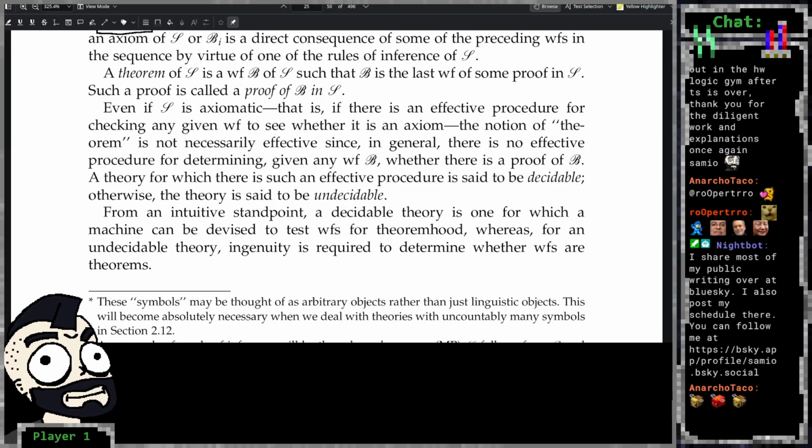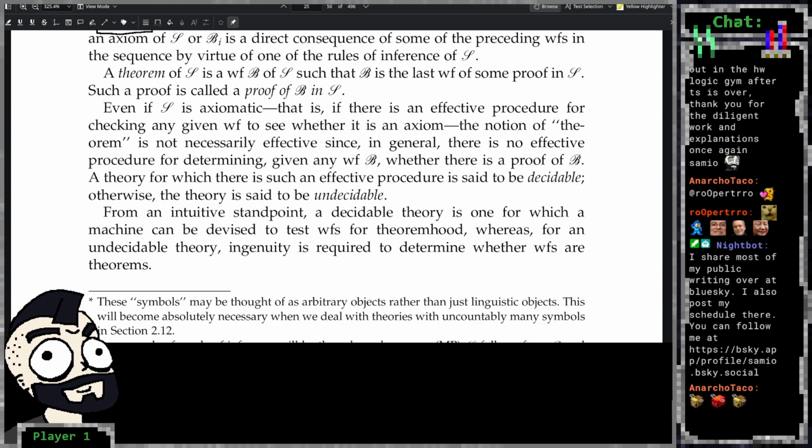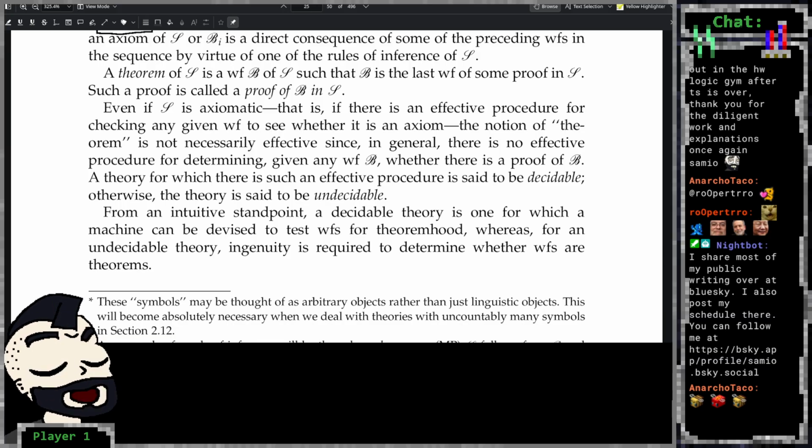Decidable is not the same as true. Decidable is not the same as correct. Decidable means decidable. Decidable is a specific technical term, and that means that there is an effective procedure to get that theorem within a set of rules. The interesting part is that we can therefore conceive of things that are or should be theorems in mathematics, but we cannot get there by raw computational brute force.